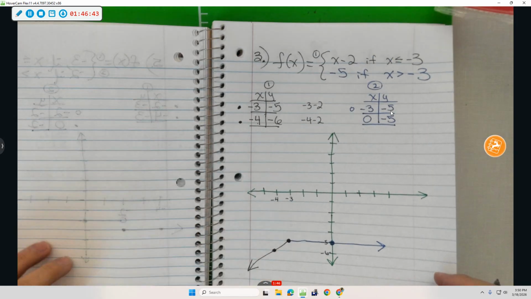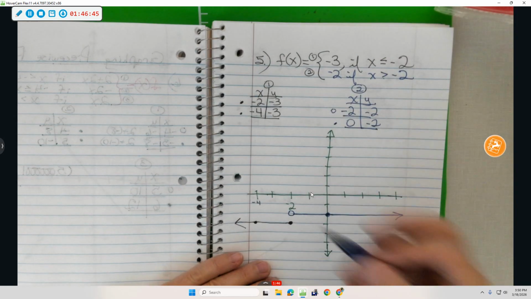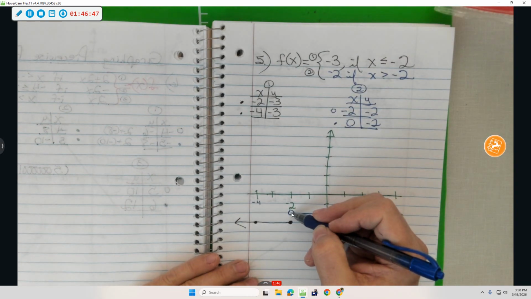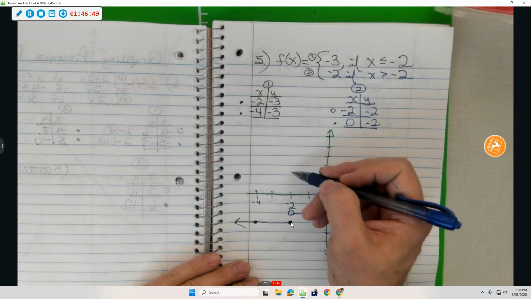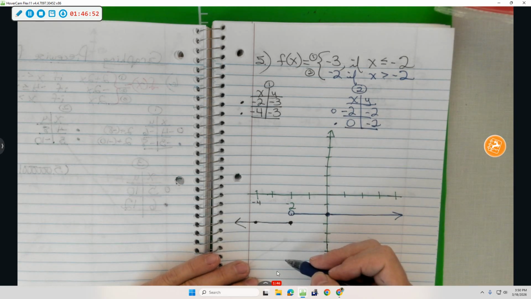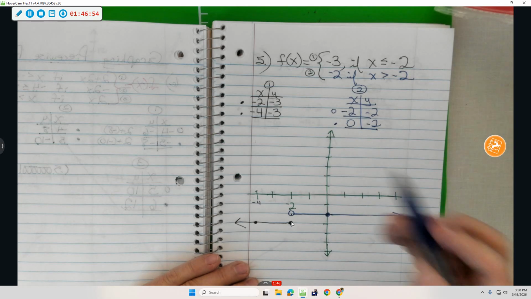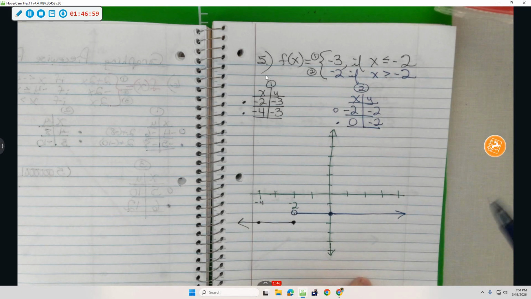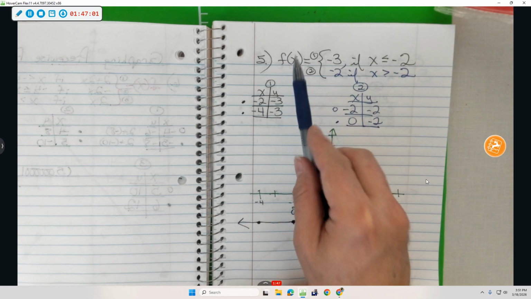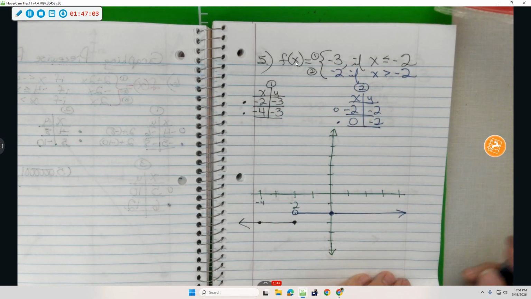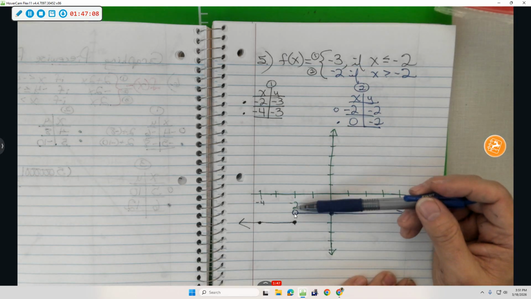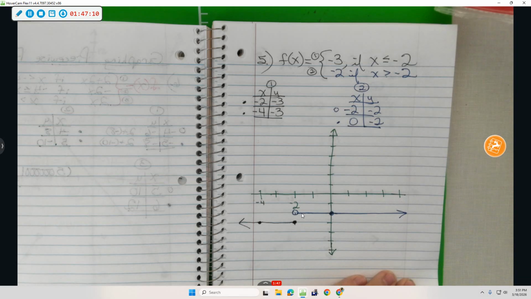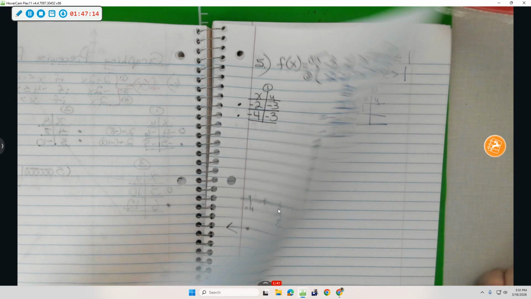If this had been a closed circle right here, you could draw a vertical line so that it intersects it twice, not a function. We know these things are functions because the function notation is telling us this has to pass the vertical line test. So you cannot have 2 closed circles above one another. You can have 2 open circles above one another. That's okay, because then neither of those points are on the graph.